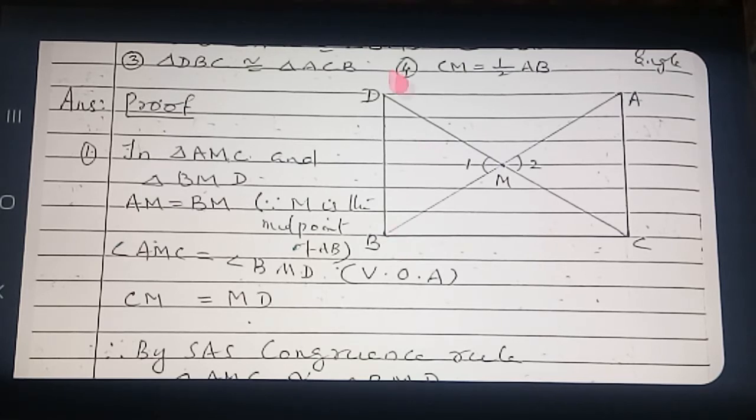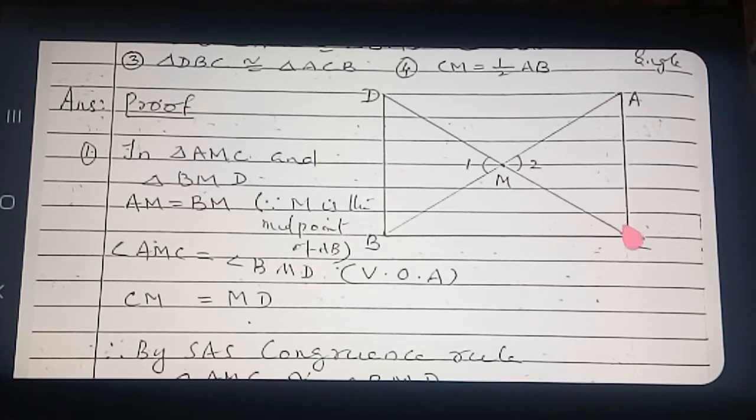Similarly, angle BDM and angle BDC are both the same. Therefore, angle ACM and angle BDM are equal. Very clearly, what type of angles are these two?